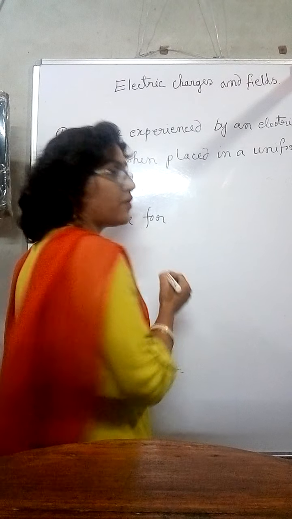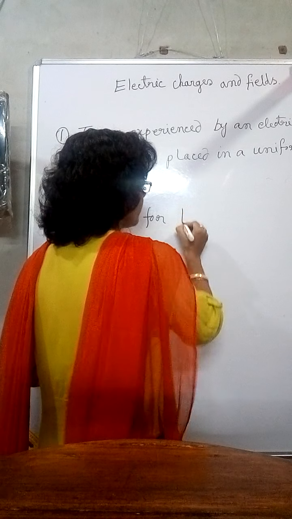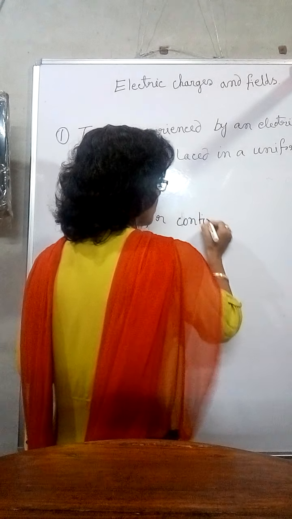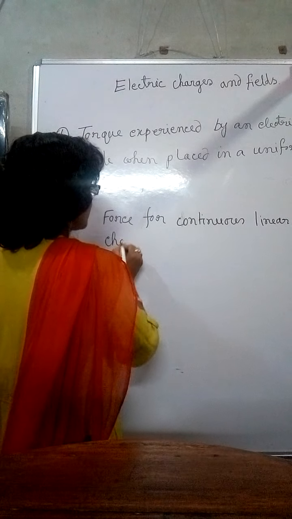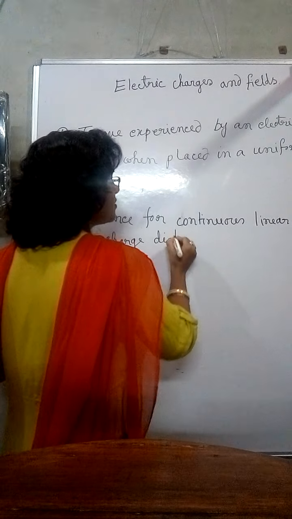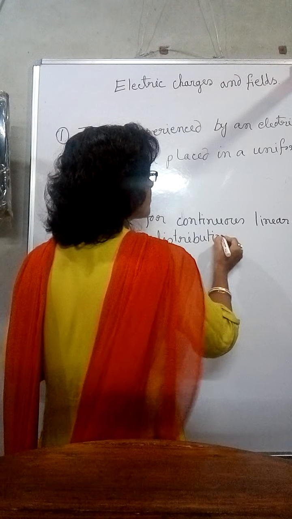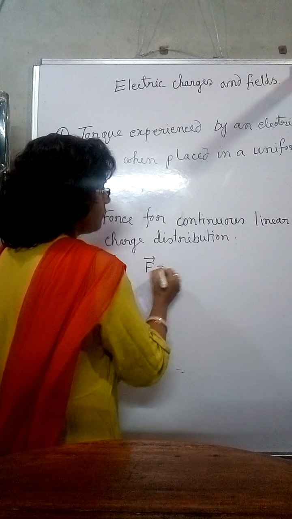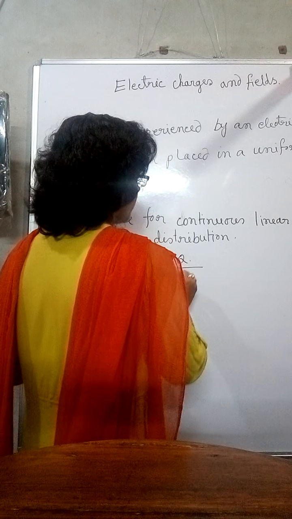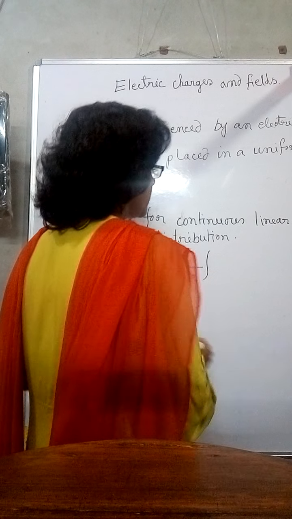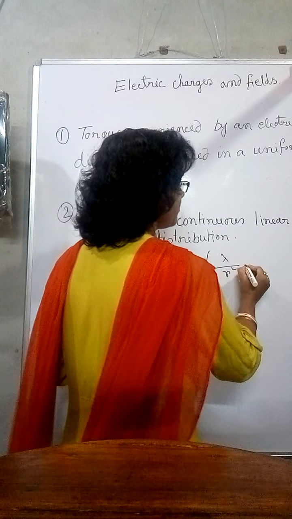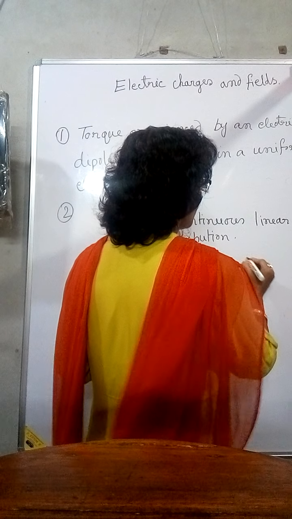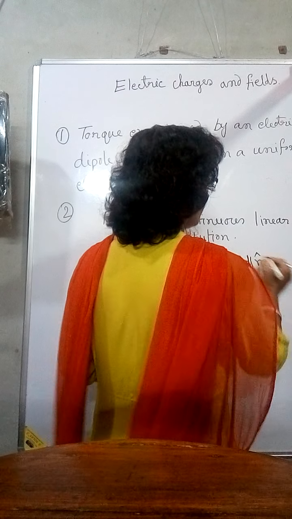The force on the charged body in the electric field will be Q by 4 pi epsilon naught, integration throughout the length, lambda by r square dl r cap.